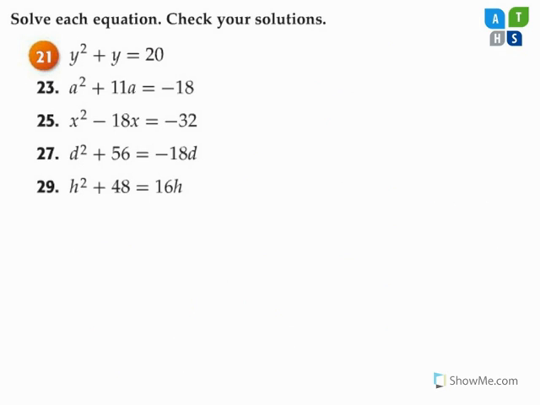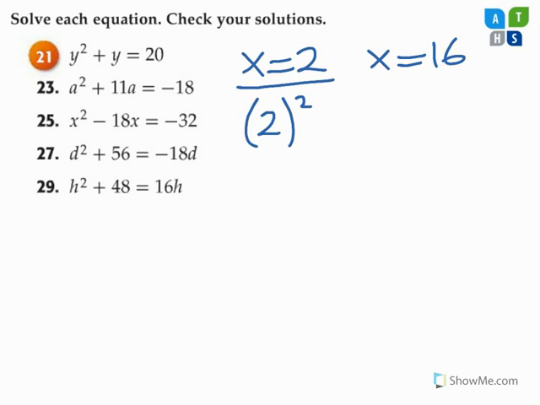Okay, now I have to check my solution. I have x equals 2 and x equals 16. Now for x equals 2, let me substitute this. So it will be 2 squared minus 18 times 2. We don't know if this is equal to minus 32.